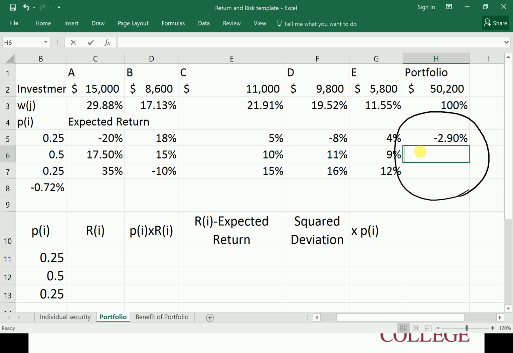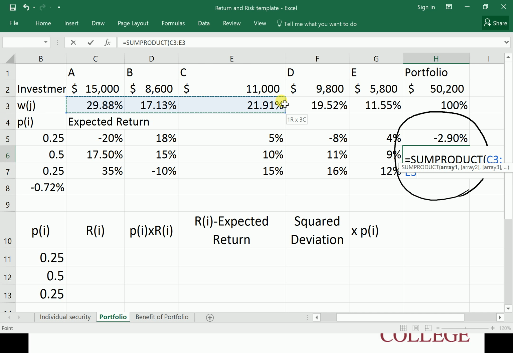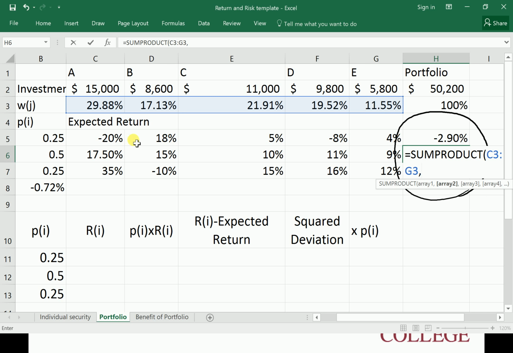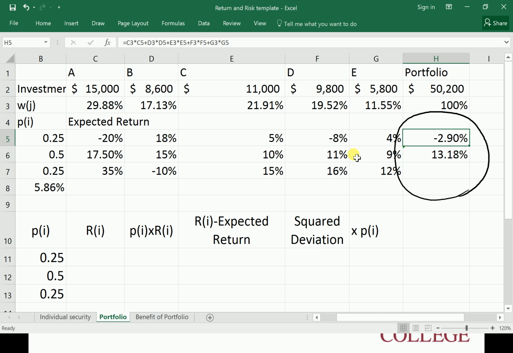So this is the sum of weight times returns in each. In fact, there is a function called sum product, and you can set this as one series and the other series as this one. Then you can find the same thing. This is the same as this.